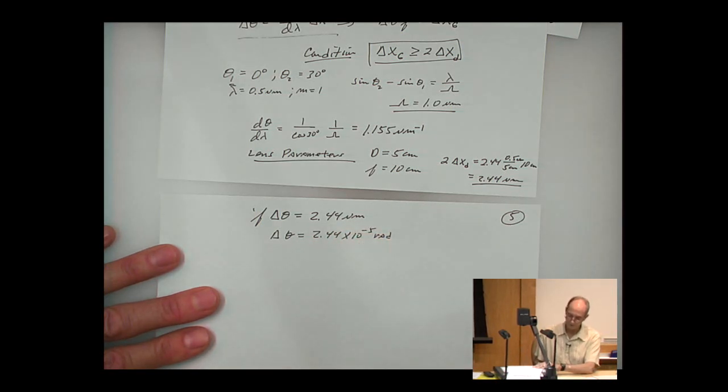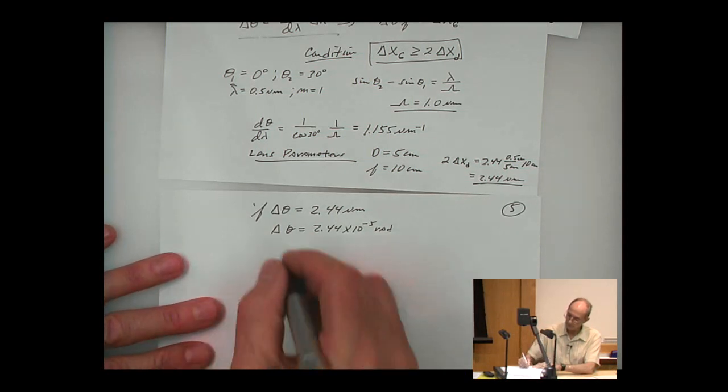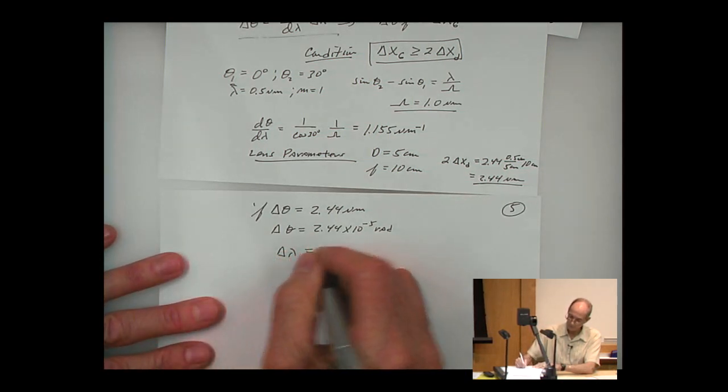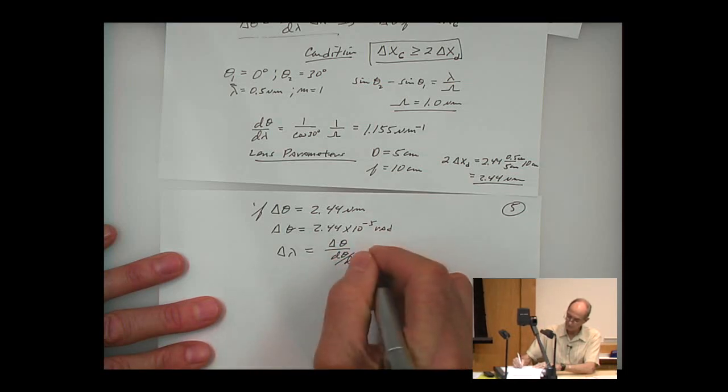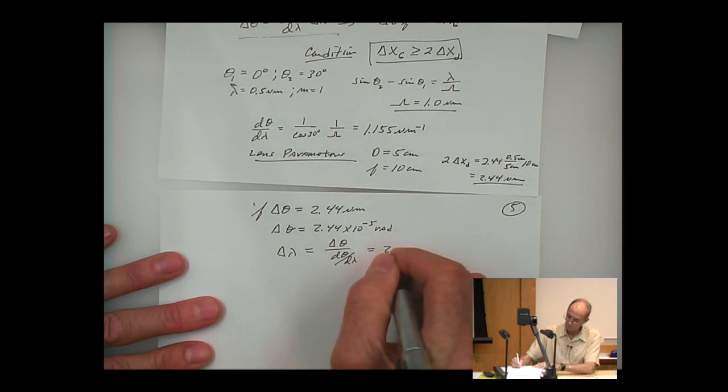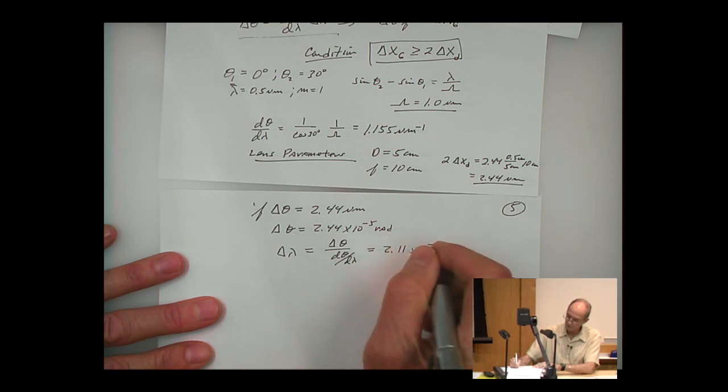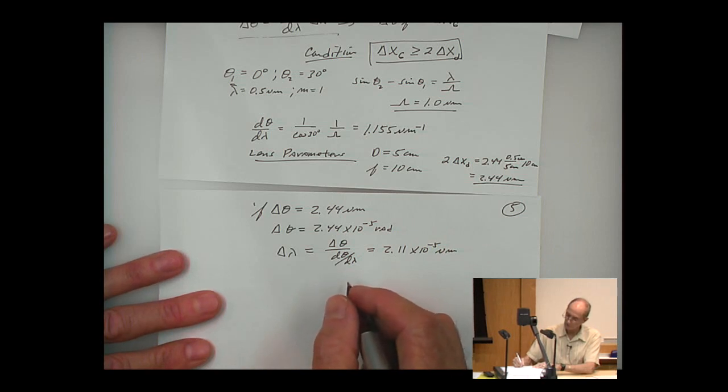radians, all right? And the delta lambda is delta theta over d theta d lambda, or 2.11 times 10 to the minus 5 microns, right? So that's pretty darn small, right?